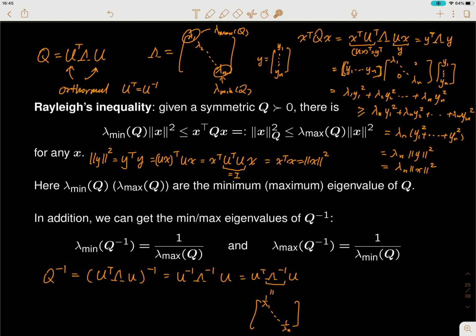And now you can see the smallest eigenvalue of Q inverse is 1 over lambda 1, which is 1 over the largest eigenvalue of Q. So that's where this one comes from. And similarly, the largest eigenvalue of Q inverse is 1 over the smallest eigenvalue of Q, which is this.